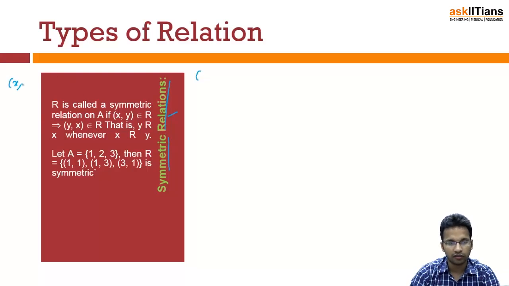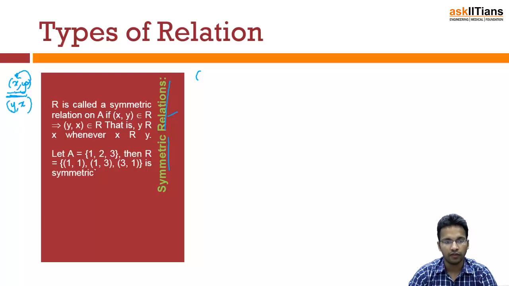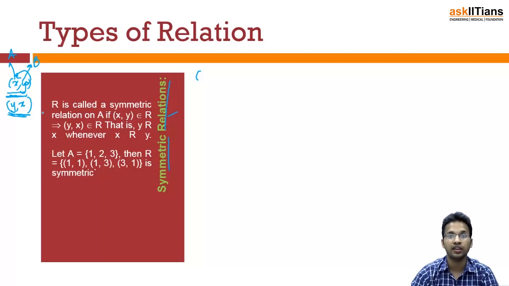If you have (x, y) in a relation, symmetry means there is another pair of the form (y, x). If I write (x, y) where x belongs to A and y belongs to B, in the given relation there should be the element (y, x) present, then we can say the relation is symmetric.